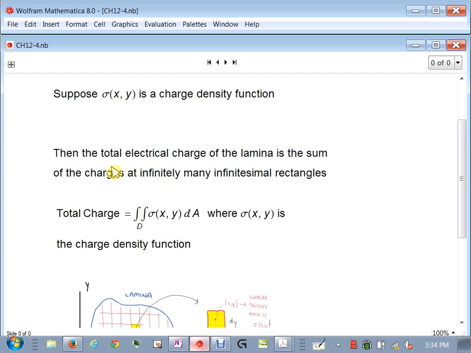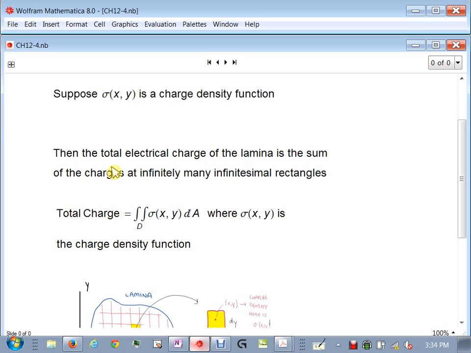Same picture though. What I want you to see is that all of these problems, even though they may have some physical meaning, are still, the way we first started looking at double integrals, a region and then a height of a function above it, and we're looking at finding the volume below it, right? It's just a matter of what that height represents.